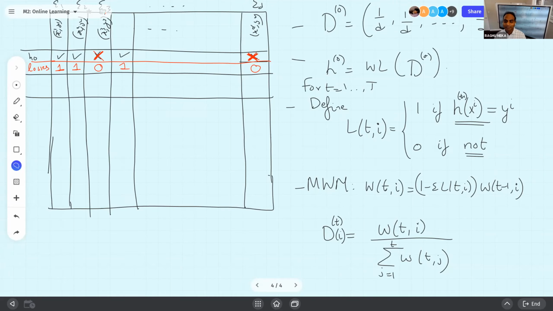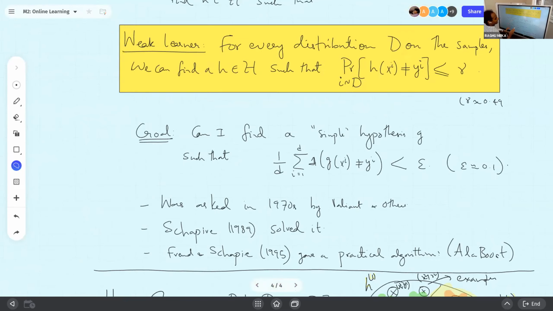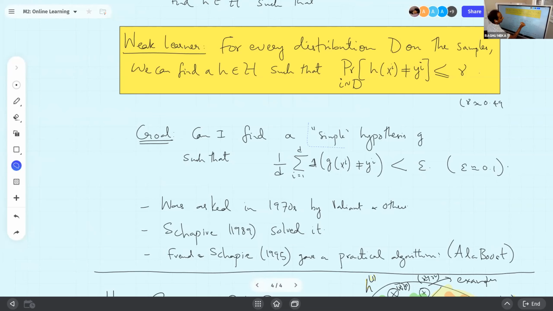This goes to memorization versus generalization, right? If I just remember everything, then we won't be able to generalize to unseen examples. So that's why when I said goal, there was this word simple here, and that word is very important.